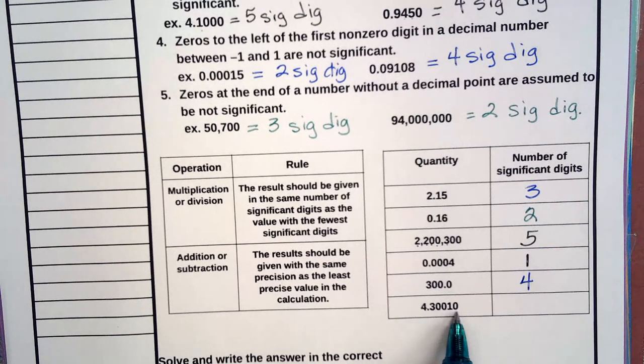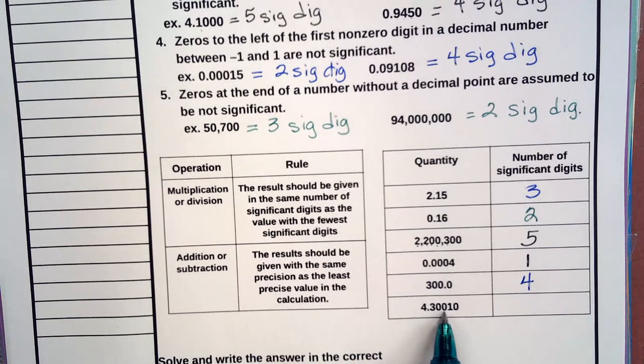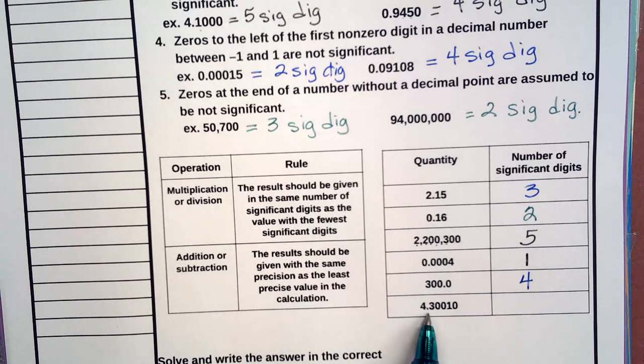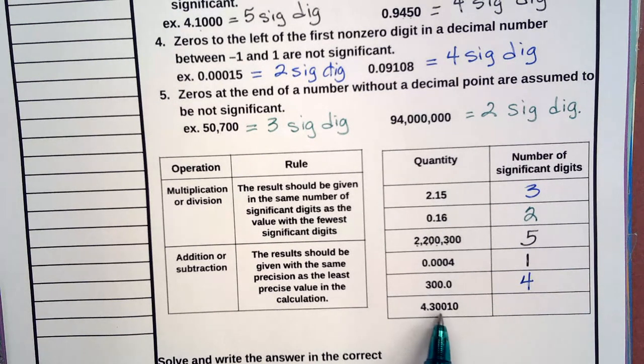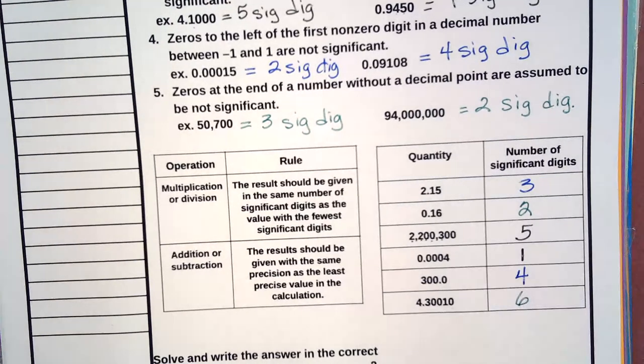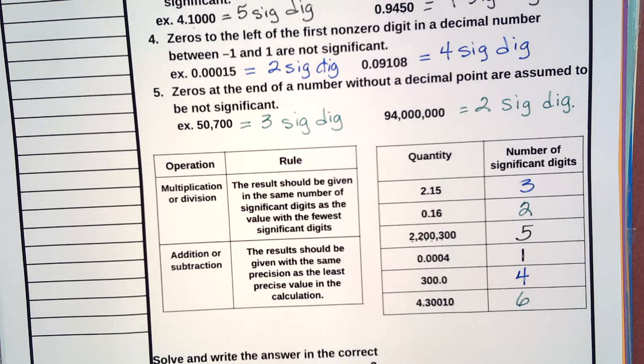That 0 there will not be significant. So I've got 1, 2, 3, 4. Whoa, here's my decimal. That means all of them are significant. 1, 2, 3, 4, 5, 6. So, did you get those correct when you tried them on your own?